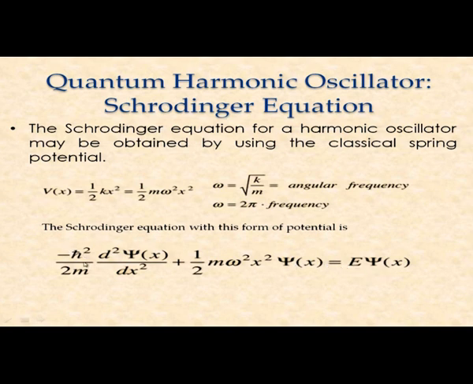So, this minus h cross square by 2m d square by dx square can be taken as Hamiltonian of the system. So, H psi plus V psi is equal to E psi is the general form of this Schrödinger equation. This equation is taken to explain the quantum harmonic oscillator.